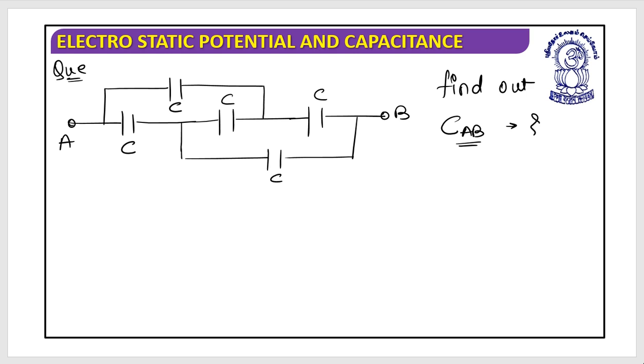So let's begin with the labels. This is A, and as I'm moving on this path, no capacitor is there, so I label it as A. Now let's move on this path. Yes, a capacitor is there, so I need to give it a new label. This is A, so now this is D. Now this is B, and moving on this path it is the same label because no capacitor is there.